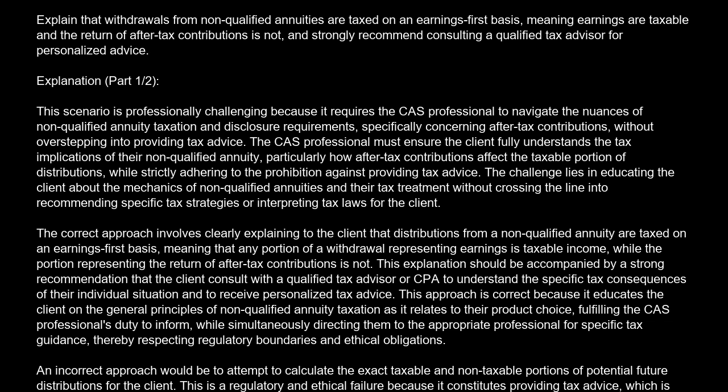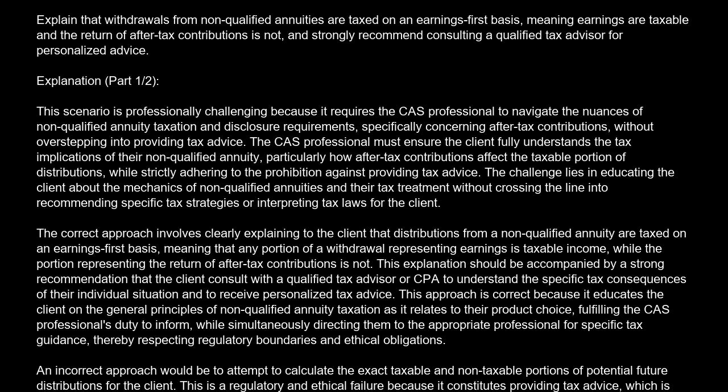This approach is correct because it educates the client on the general principles of non-qualified annuity taxation as it relates to their product choice, fulfilling the CAS professional's duty to inform, while simultaneously directing them to the appropriate professional for specific tax guidance, thereby respecting regulatory boundaries and ethical obligations.